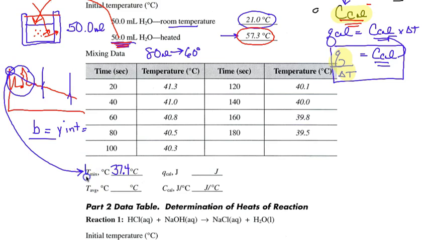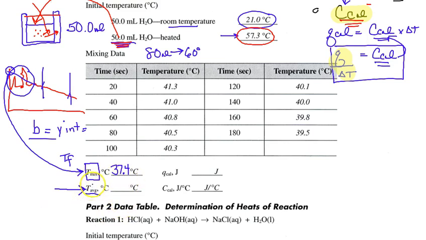T mix represents the temperature, and it really is the final temperature of this kind of system, okay? And it's that instantaneous temperature change. Remember, the thermometer can't read the beginning. There's too much change. The thermometer can't get in equilibrium with the hot water very quickly. All right, so we're now going to find T average.